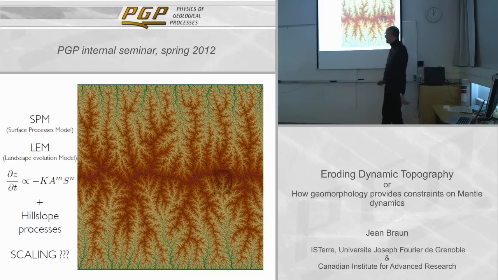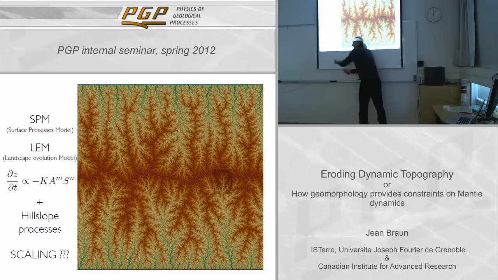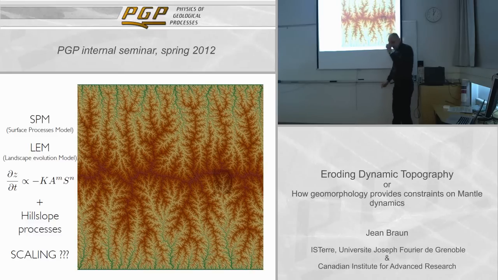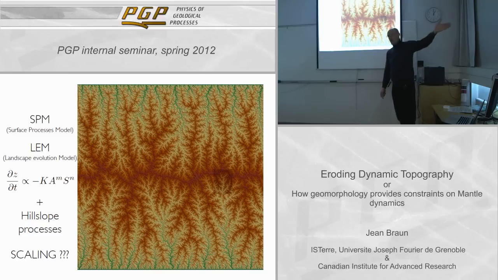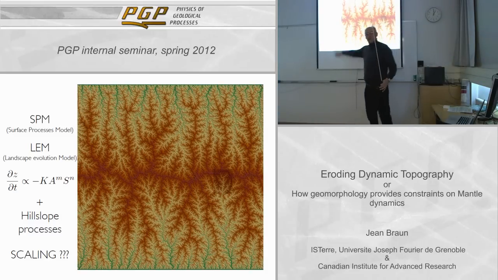The big problem, as you can see, is the problem of scaling. Why? Because the slope that matters here, in the real landscape that you want to model, is the slope that you measure in the field. It's very common to go out in a mountain and have a slope of 60 degrees. If you put a point every kilometer, you'll need enormous topography to have a slope of 60 degrees.